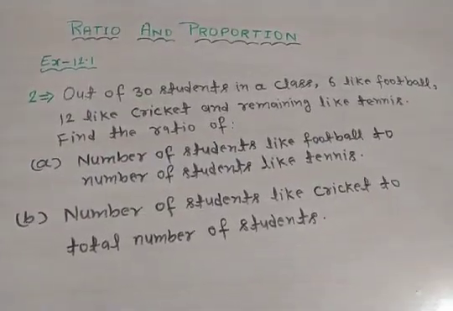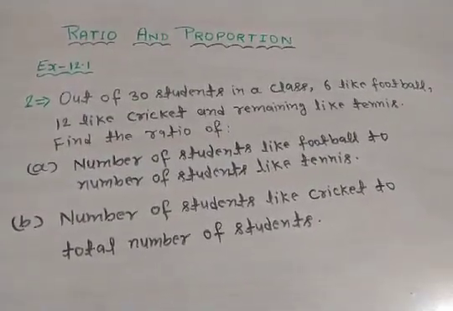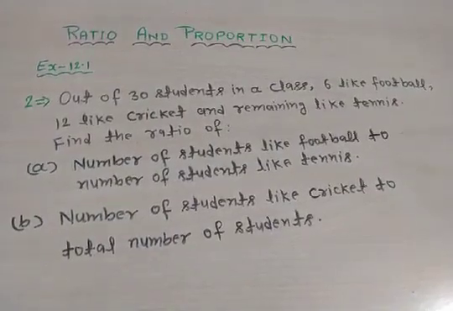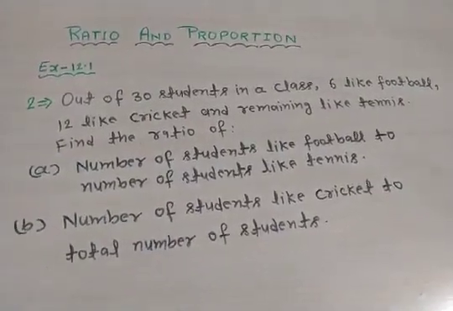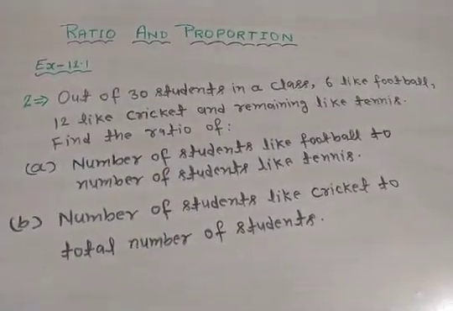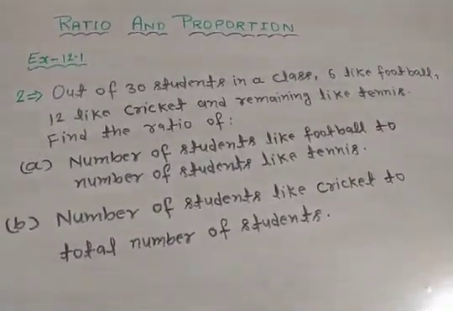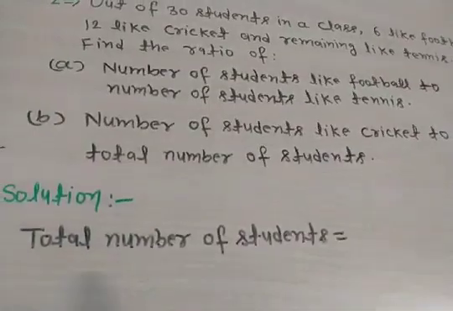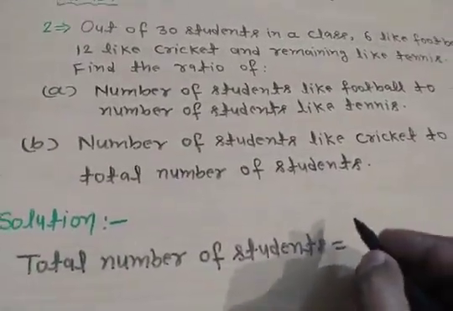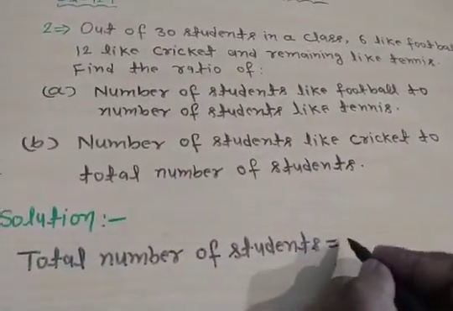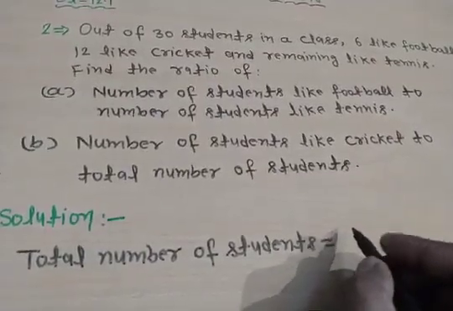Okay, so let's see how to solve the second question according to the given information. Here the total number of students is given. How many students in the class? 30.